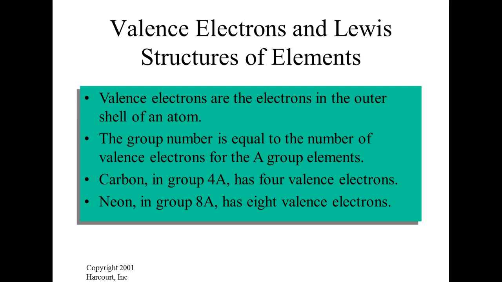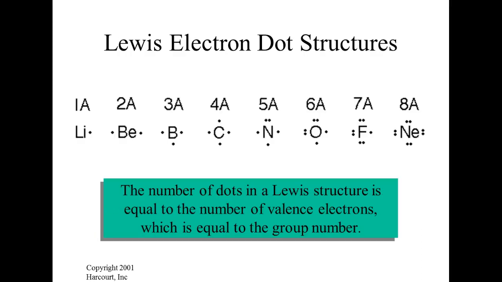So elements in group 1A have 1 valence electron. As you see, we put in all the A elements here on this little chart for Lewis electron dot structures. Elements in group 1A have 1 electron in their outermost valence energy shell.